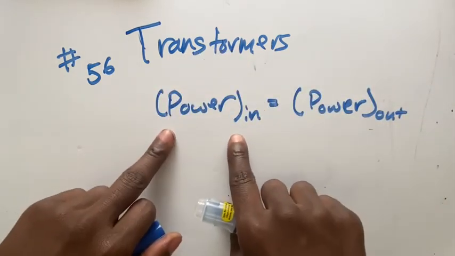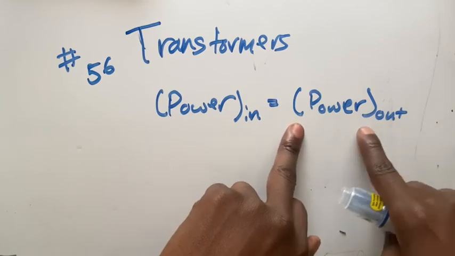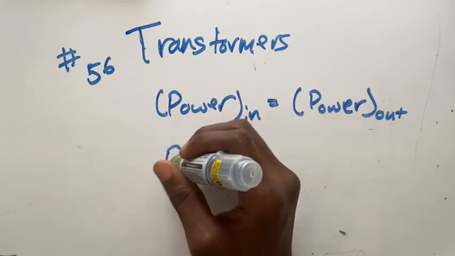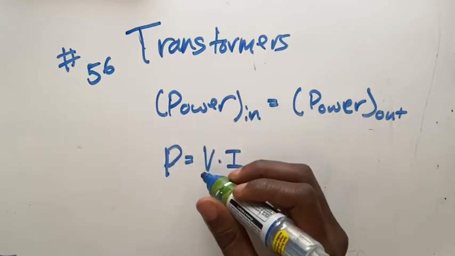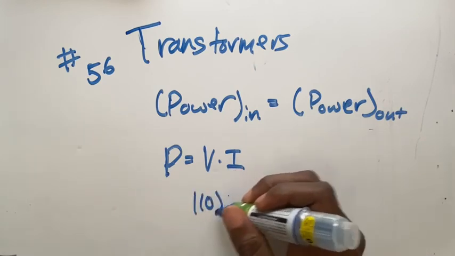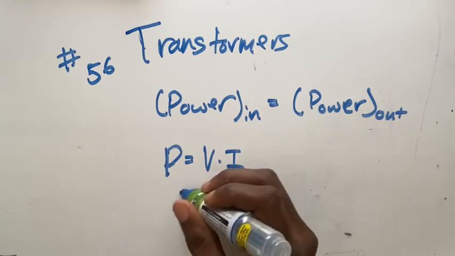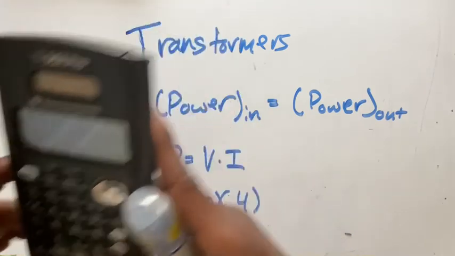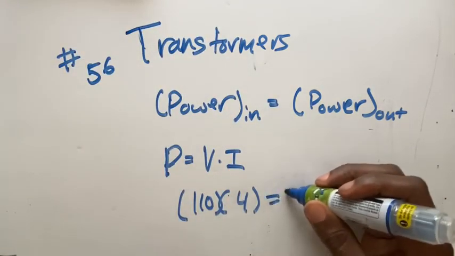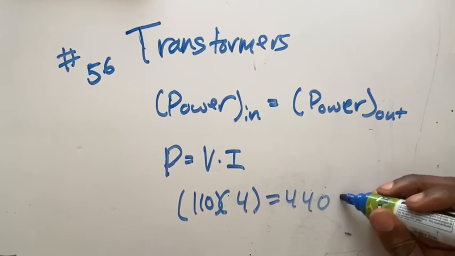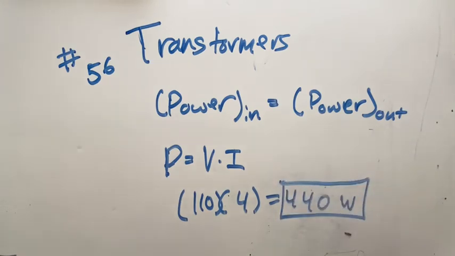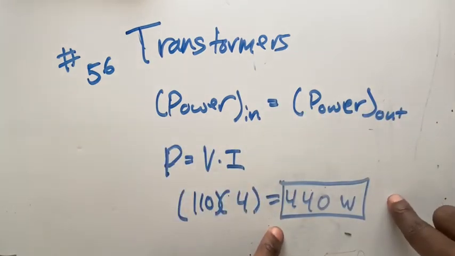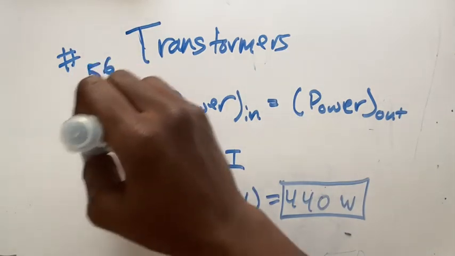The amount of power you put into the system always equals the amount of power put out. And we know power is given by voltage times current. So the voltage and the current are 110 times 4, which gives us 440 watts. The same amount of power that we put in is the same amount we get out. So 56 is going to be C.